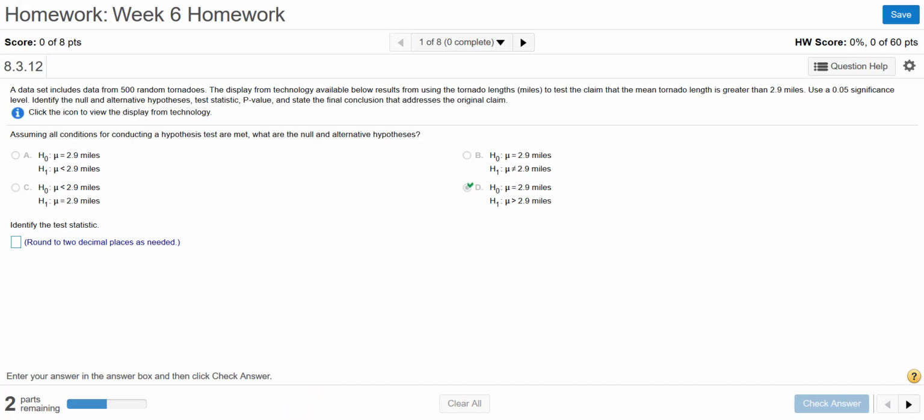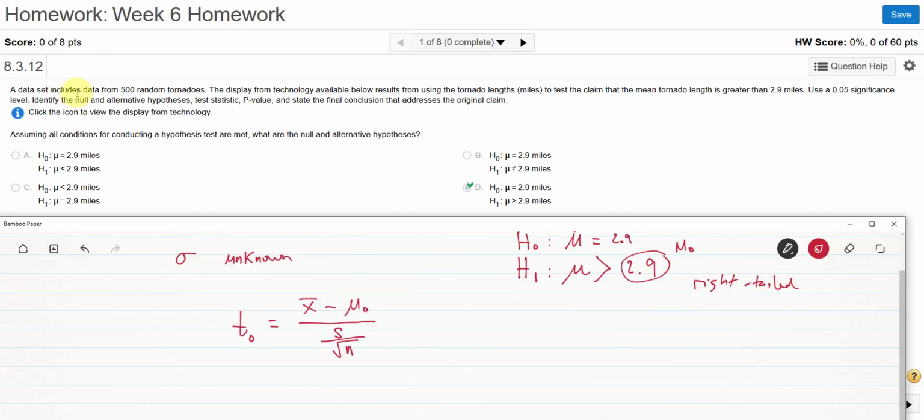We know that the data set includes data from 500 random tornadoes. So 500 is the value of the sample size n. So how do I get the value of x bar, the sample mean, and the value of the small s, the sample standard deviation?